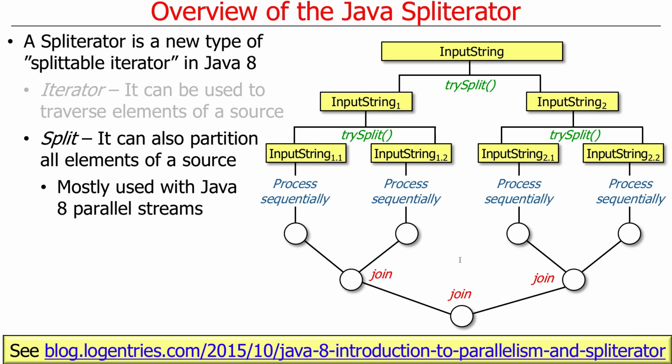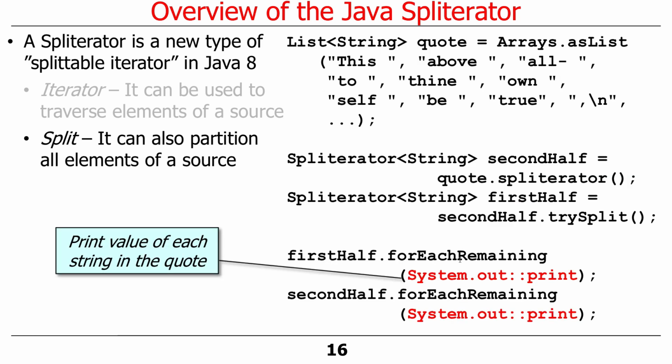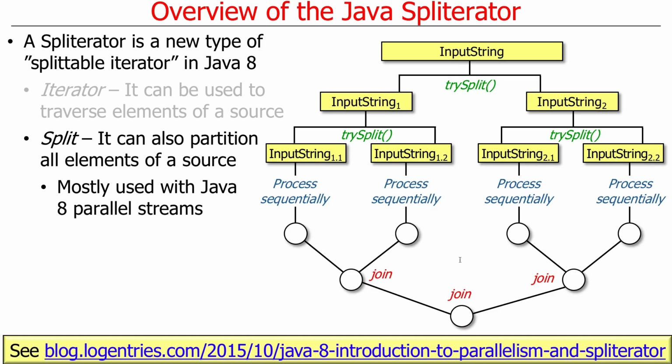Now, again, doing something sort of goofy like this doesn't really seem to make any sense at all. It'll make a lot more sense when we come back to this topic when we talk about parallel streams, because parallel streams are what use Spliterators in order to be able to take an input source, like a big string, and chop it up into a whole bunch of relatively equal-sized smaller strings, and then give those to cores that can then run together in parallel, although each chunk gets run sequentially.